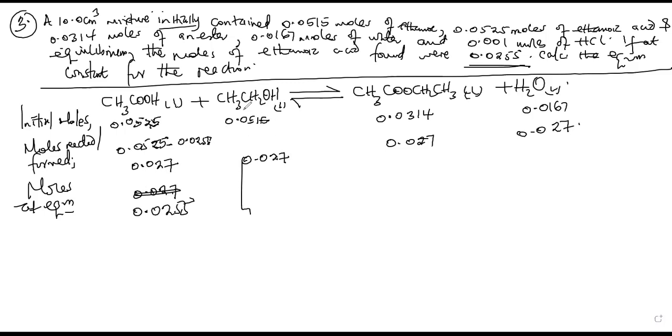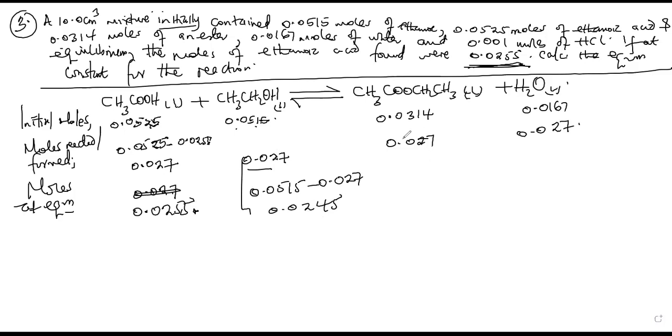Then moles at equilibrium for ethanol, it will be 0.0515 minus this, and it will be 0.0245. Why am I not subtracting here? Because they have already told me that moles of ethanoic acid at equilibrium were found to be this. So I rewrite it. But for ethanol, to get the moles at equilibrium, we have to subtract this and this.